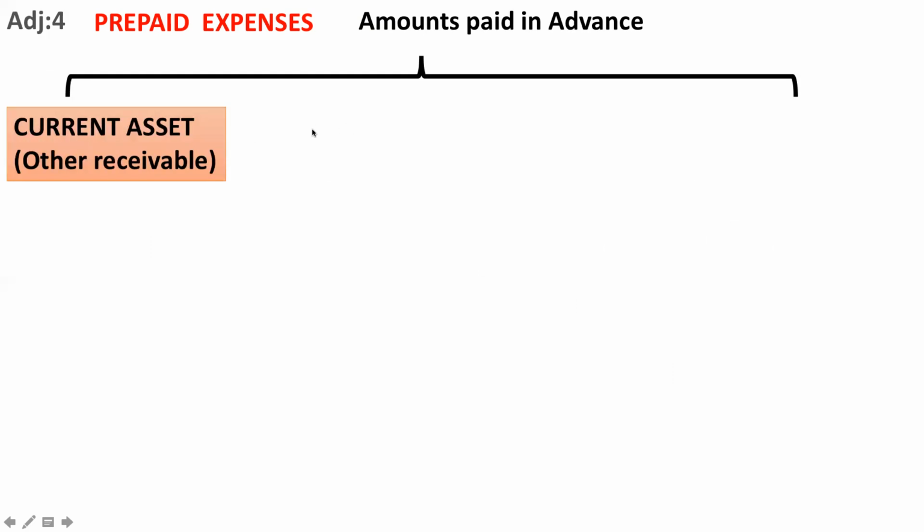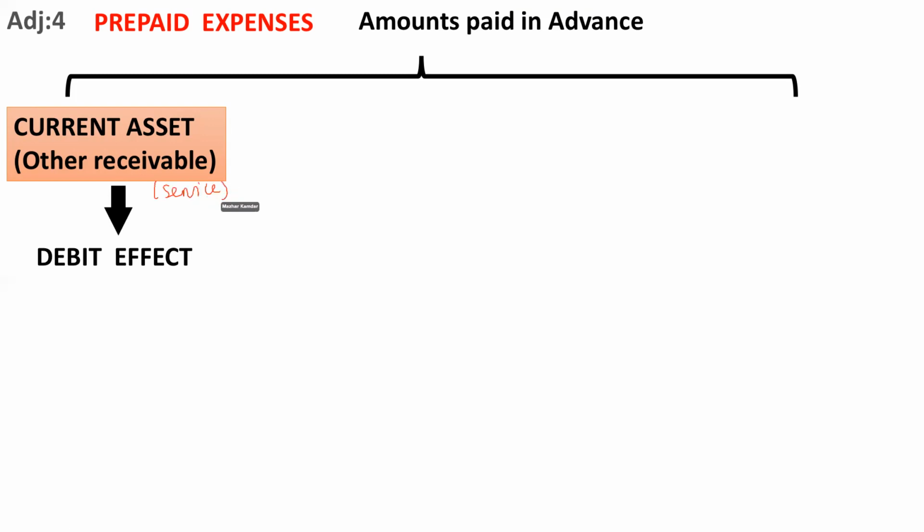Current assets. It will be shown under the heading other receivables because I have paid the money in advance and services are yet to be received. This becomes the debit effect because prepaid expenses are shown in current assets, other receivables. What is to be received? The service is yet to be received.